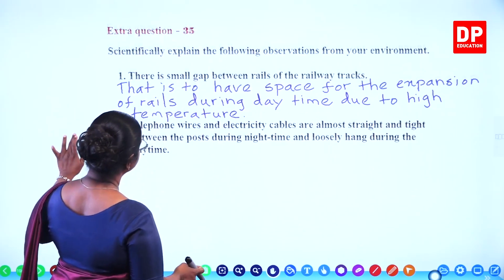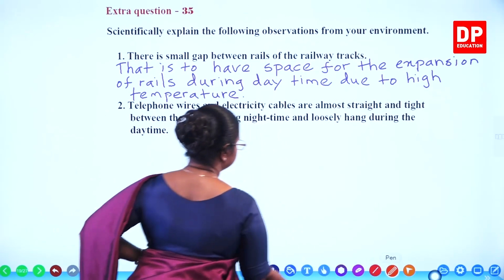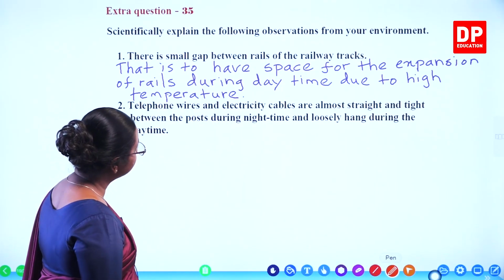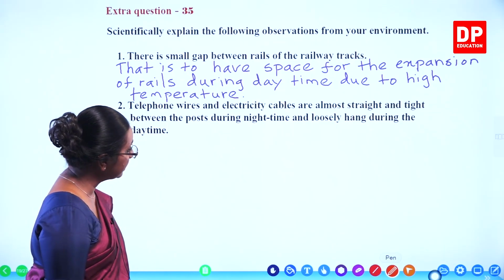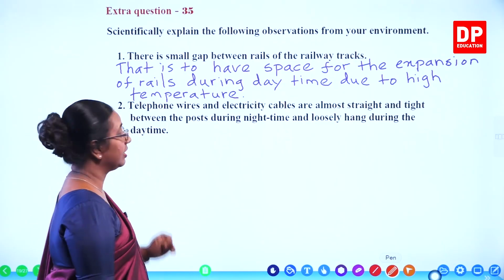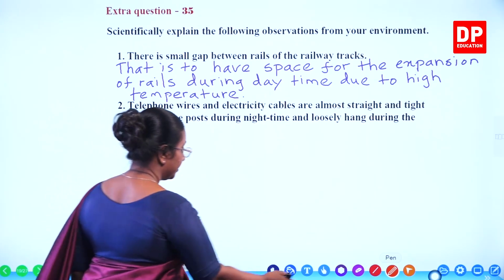Then the second one, telephone wires and electricity cables are almost straight and tight between the posts during night time and loosely hang during the daytime. What is the reason?